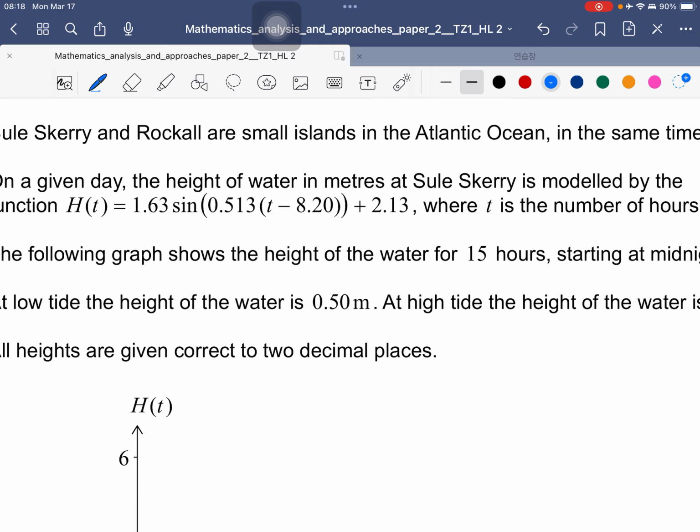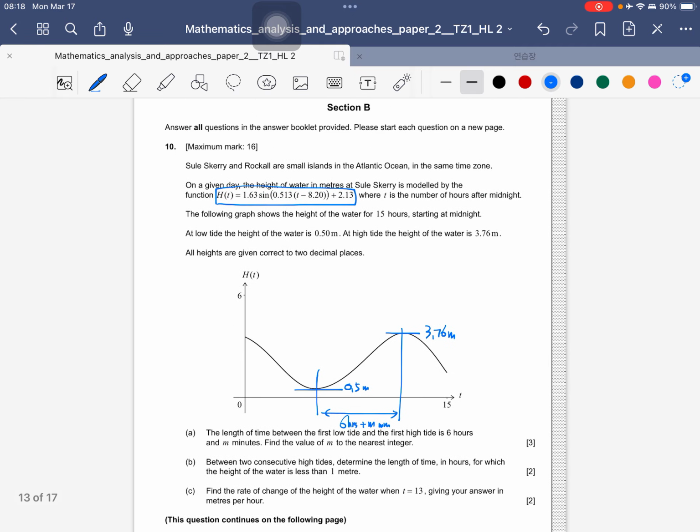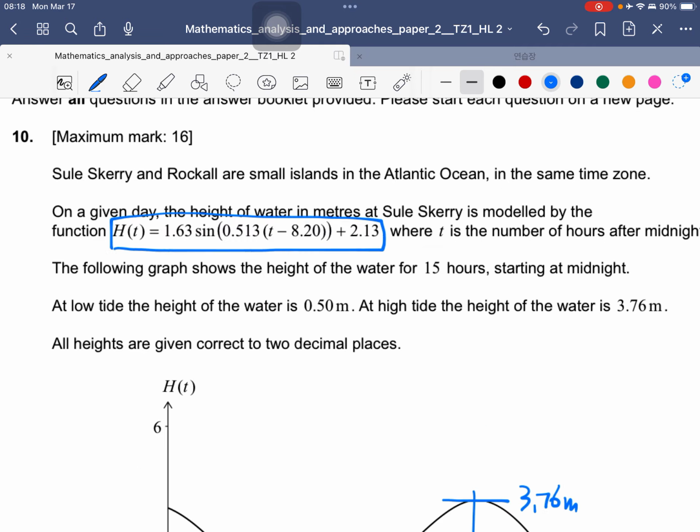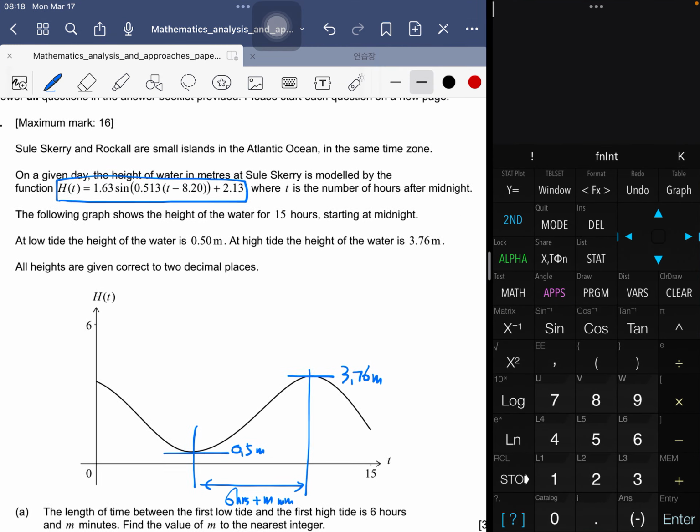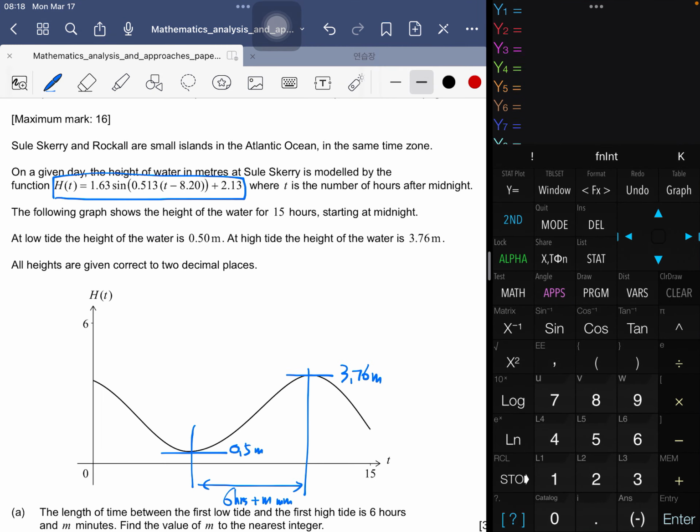All we need is to draw this function from the given domain. So we need to find that function, but definitely without the calculator we cannot solve this problem. So go to graph and delete everything. I'm going to draw y2 = 1.63 sin(0.513(x - 8.20)) + 2.13.